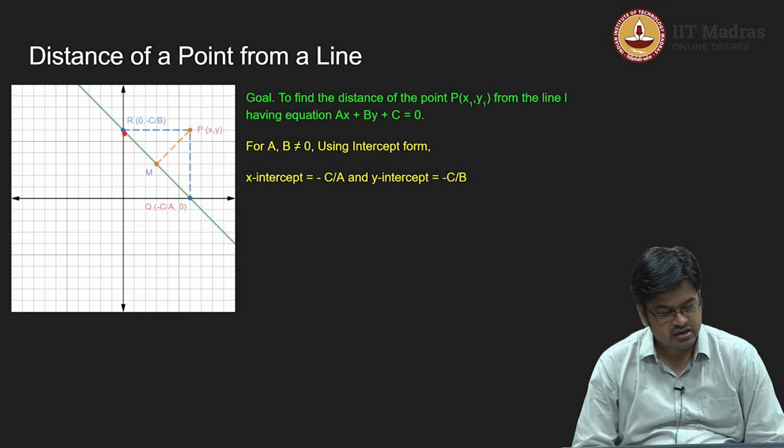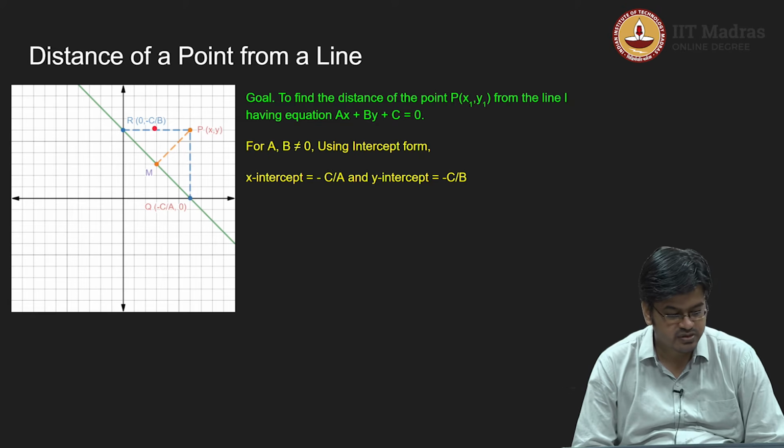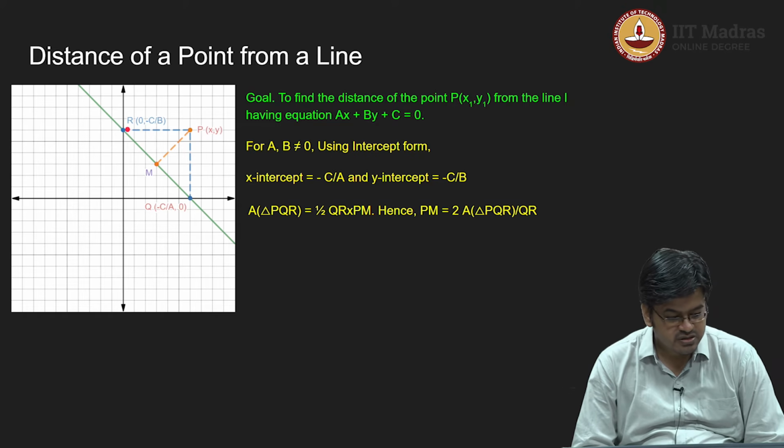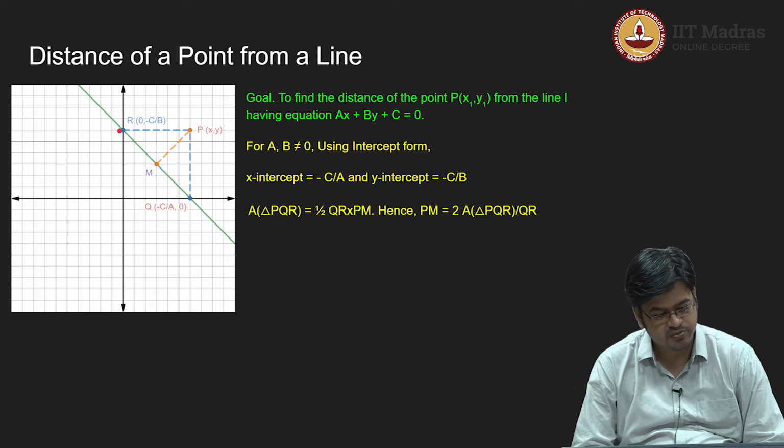How will I do that? First, if I want to compute the area of triangle PQR, what do I need to know? I need to know the base and the height, and the area of a triangle is half base into height. So, half base into height means half times QR into PM.